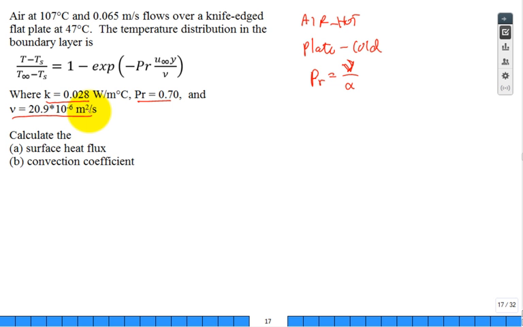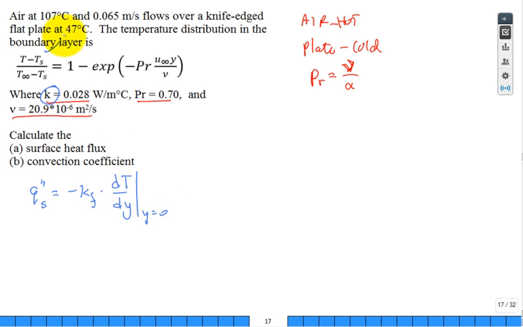Calculate the surface heat flux. How would you calculate the surface heat flux, q double prime at the surface? Minus k of the fluid, this is the k of the fluid right there, times the rate of change, I'm going to put just ordinary, dT/dy at y equal to 0.